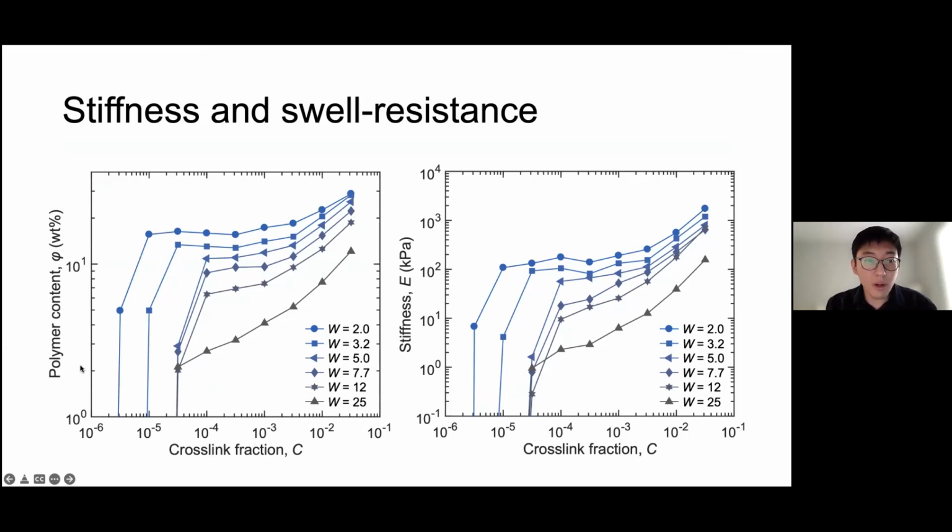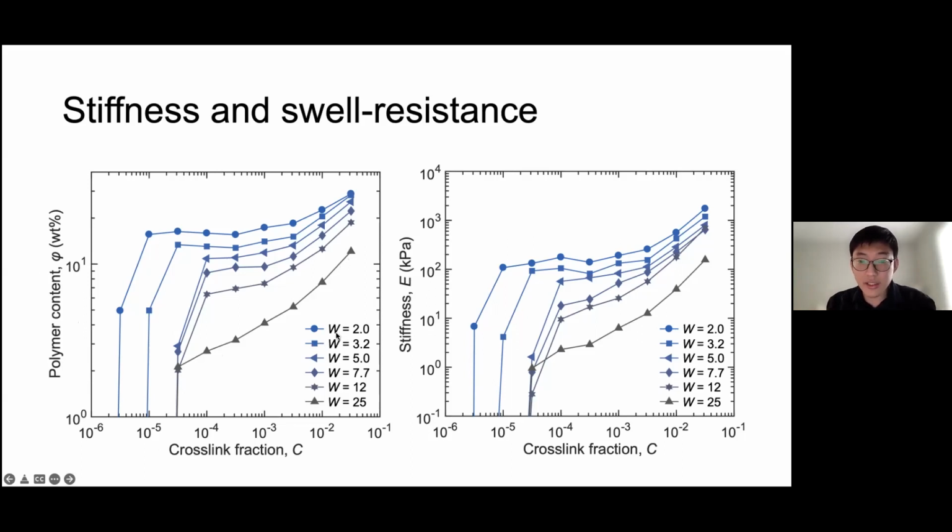Obviously, this final polymer content is a function of crosslinker density. Crosslinker fraction is the molar ratio of the crosslinker to the monomer. 10 to the minus 3 means there is only one crosslinker per 1,000 monomers. Because the entanglement density is very negligible, the elastic property is only a function of crosslinker density.